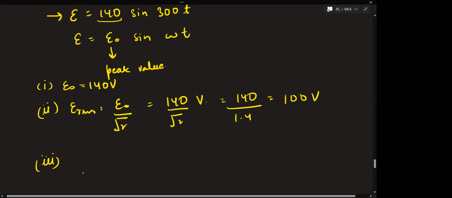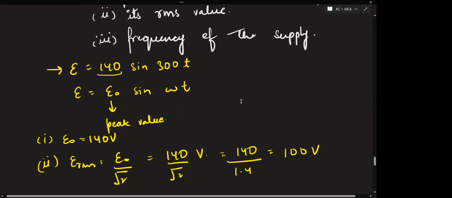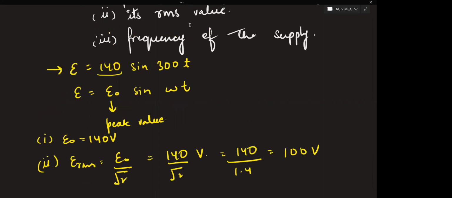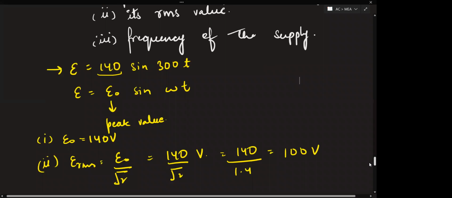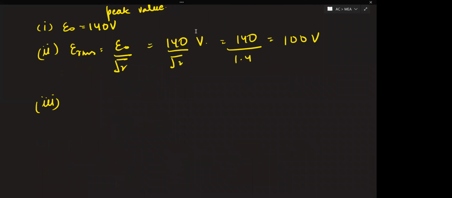The last part is frequency. Again, look at both these equations and compare. What is the angular frequency? 300. Exactly. This is 300. So if omega is 300, you can easily find out. That will be 50 hertz, because frequency is what?